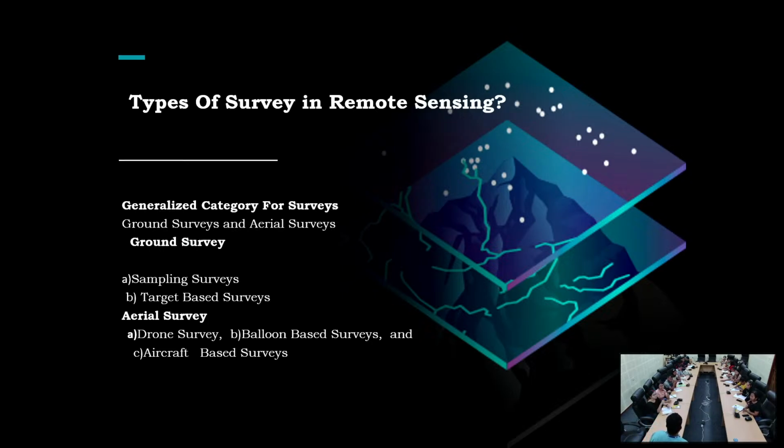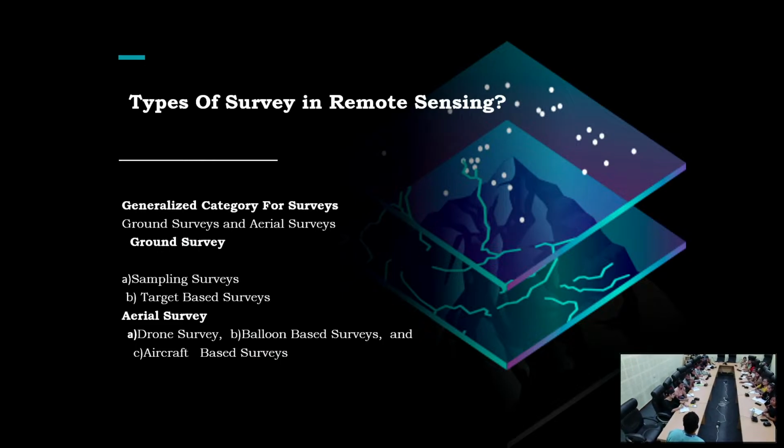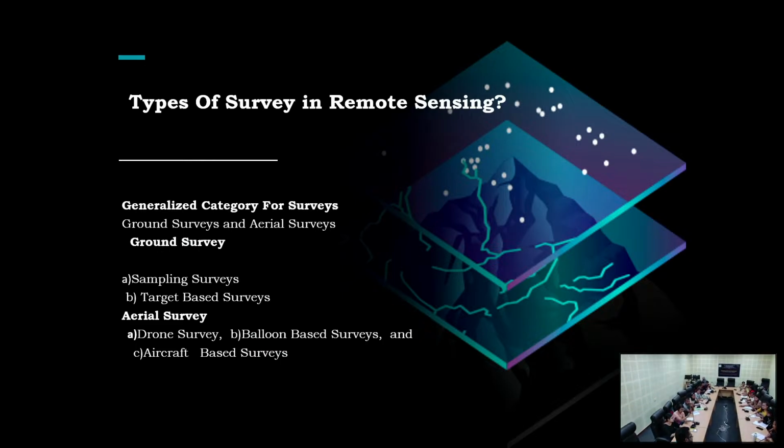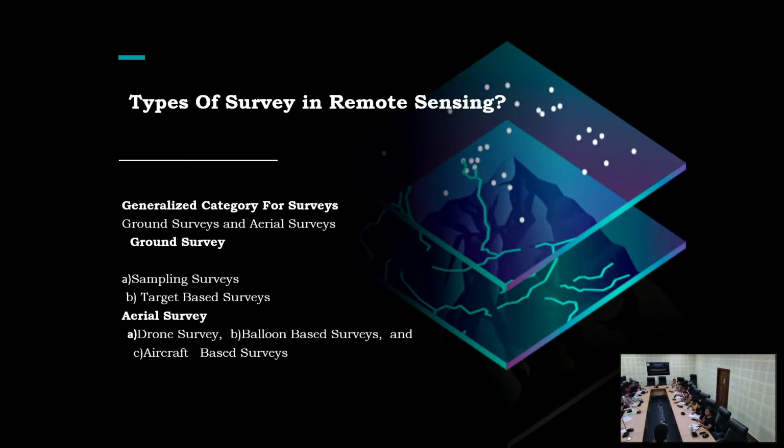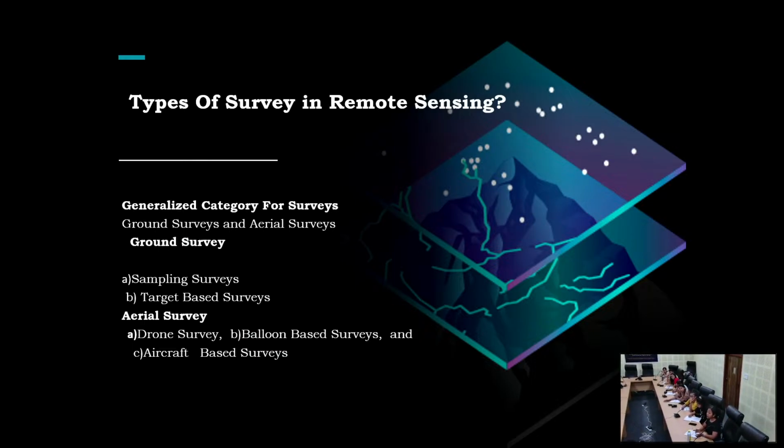Like to collect soil, that comes under sampling. No, I am asking what is sample survey? We do this kind of survey by going to the particular area we have selected and then going to the house, like a personal interview or interaction, we can say, that is sampling survey. And target based survey means the thing which we have targeted already.